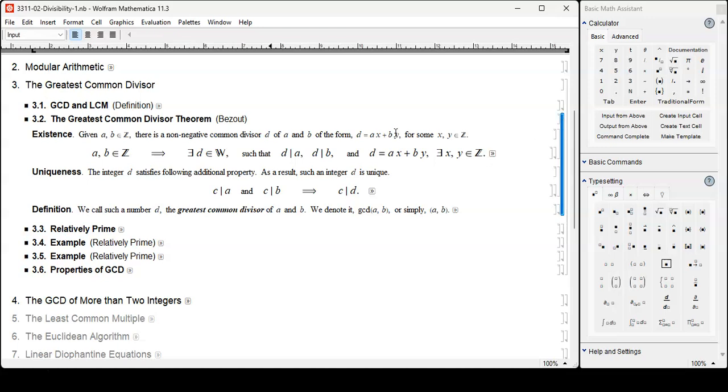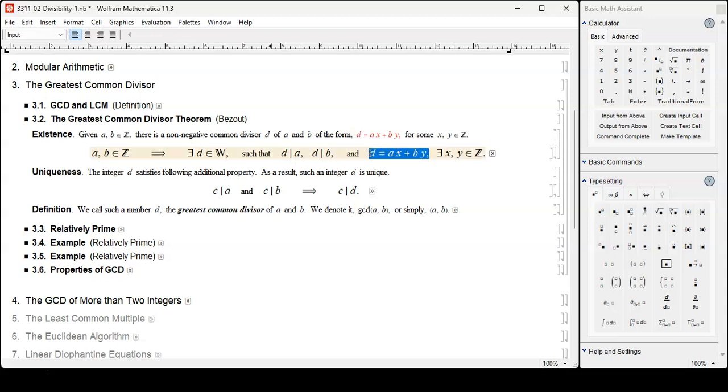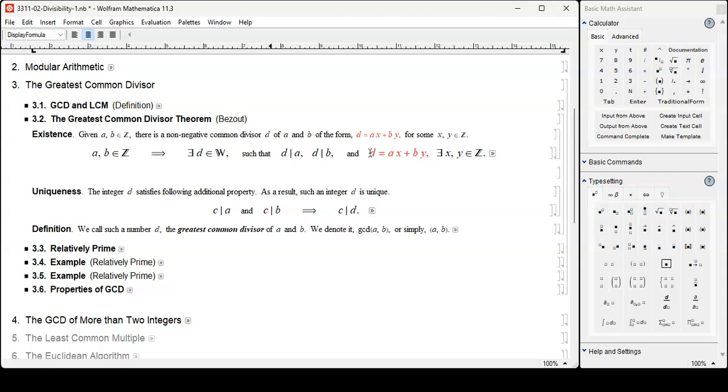And that's associated to this expression down here, which is typically called a linear combination. So this kind of thing is called a linear combination of A and B: A times something plus B times some other thing.